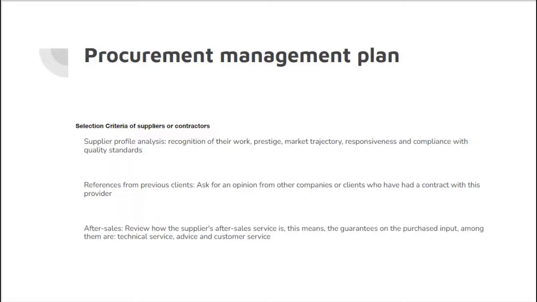A reference from previous clients asks for an opinion from other companies or clients who have had a contract with this provider. After sales: review how the supplier's after sales service is. This means the guarantees of the purchased input. Among them are technical service, advice, and customer services.